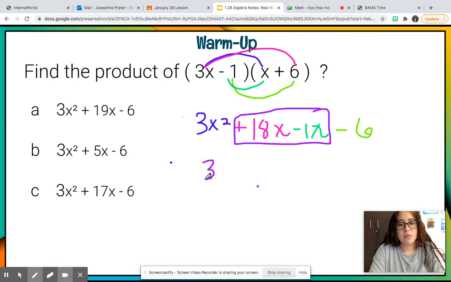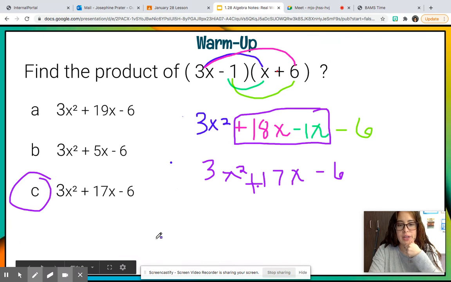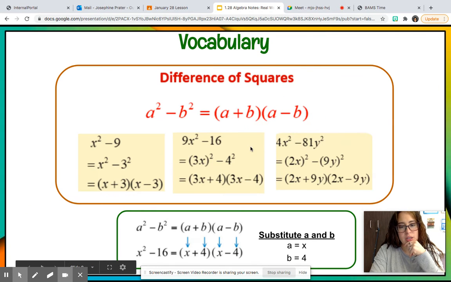I'm going to carry down my 3x squared, carry down my constant, and then I get 17x. Okay, looks good. So it should have been C. Very nice. All right, let's move on to the next one.